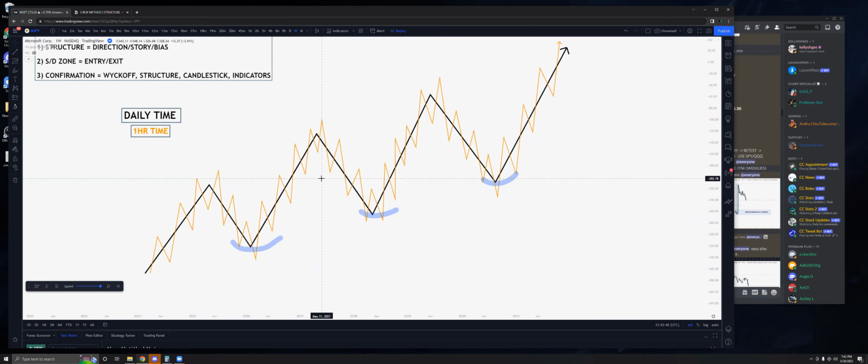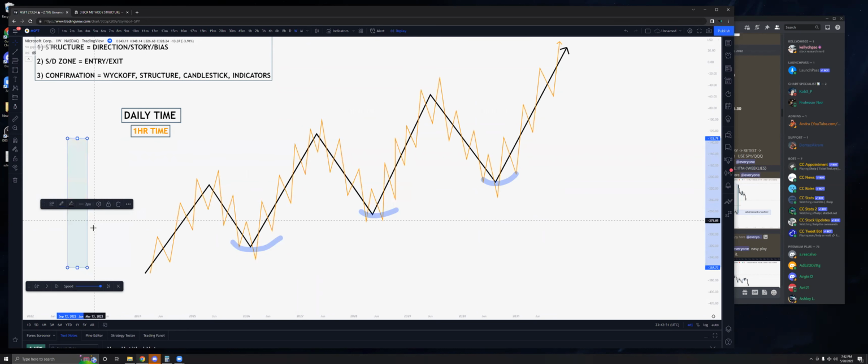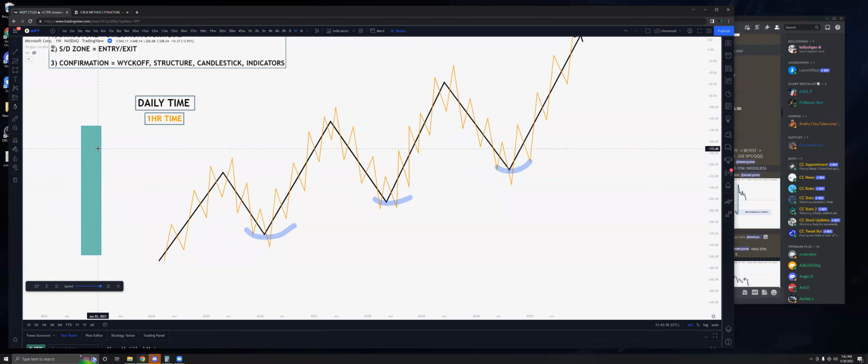Because if you look at a daily time frame candle, let's just say a bullish candle. Let's say this candle right here is a daily time frame candle. Okay, it's a day of price action.